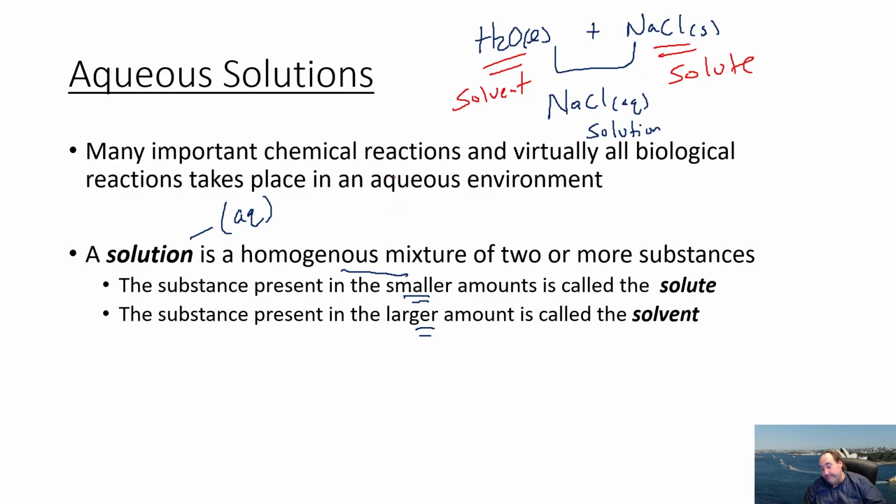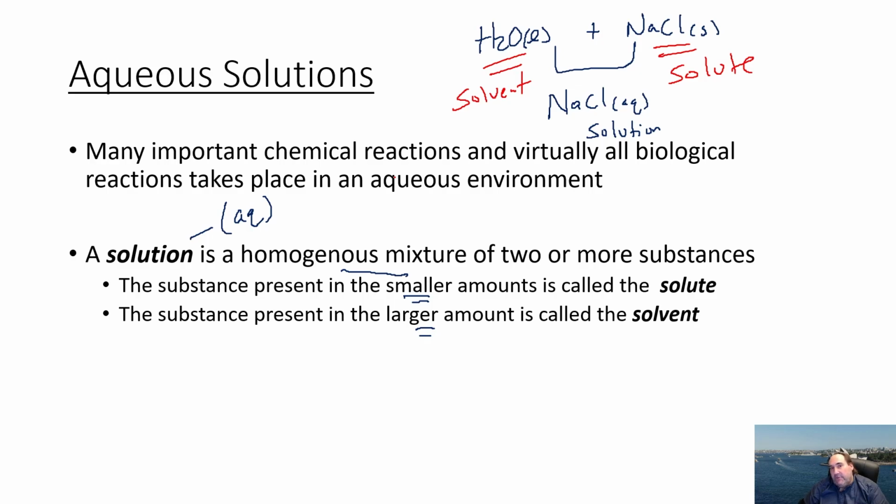So sometimes people ask, how do I know what is the solute in the solution? There's a very simple way to know. It is actually just the name of the solution. So if you have a sodium chloride solution, sodium chloride would be your solute. If you had a potassium chloride solution, potassium chloride would be your solute.